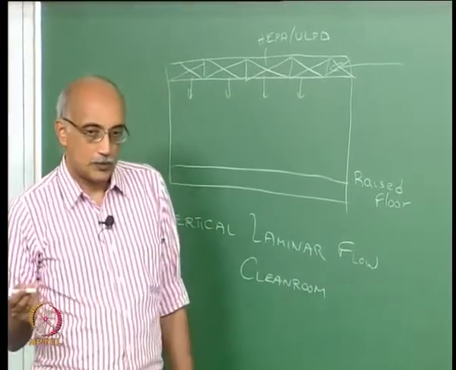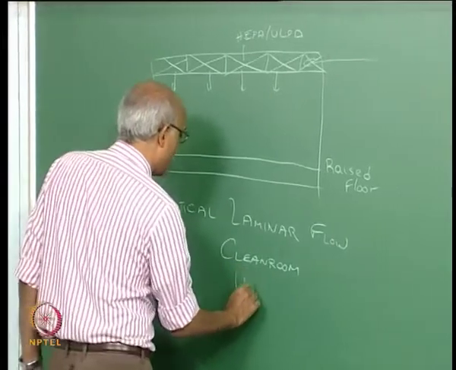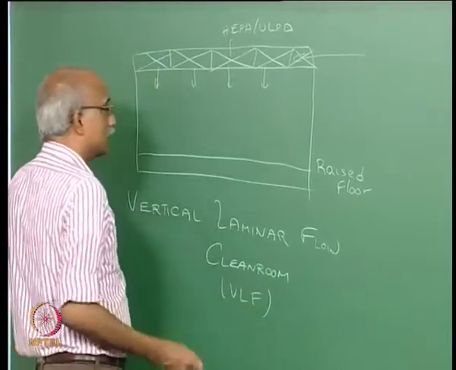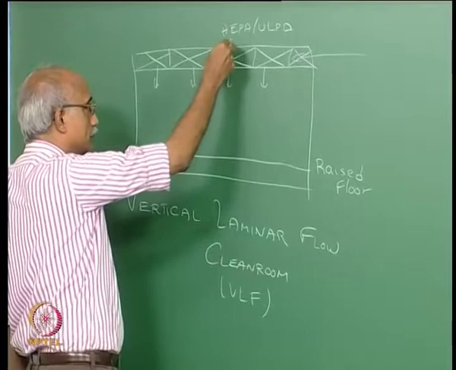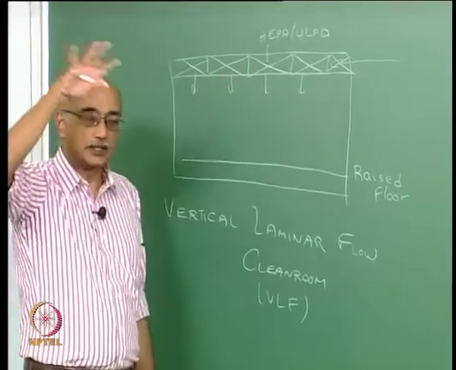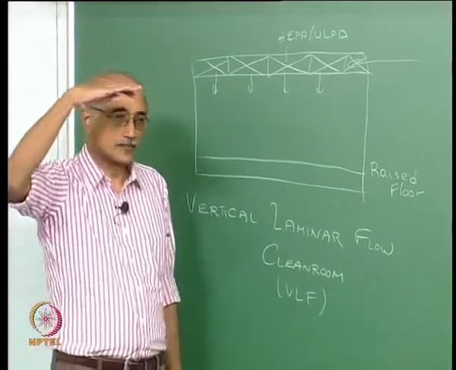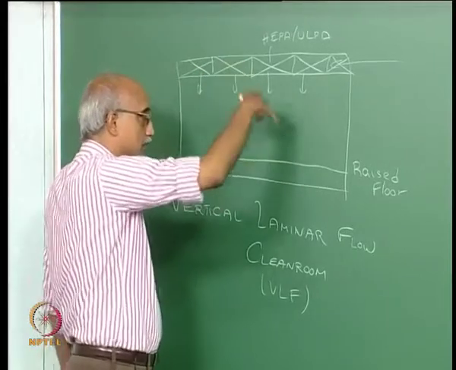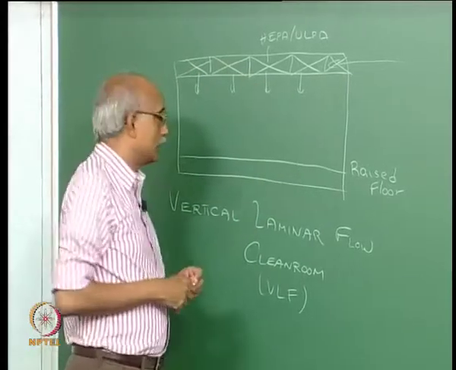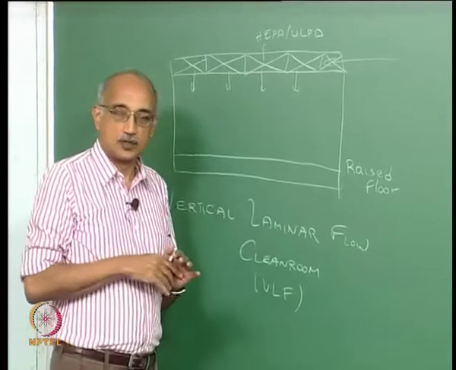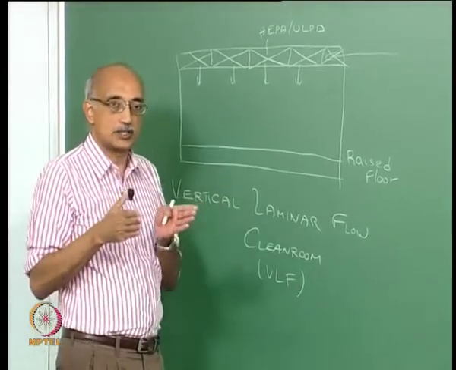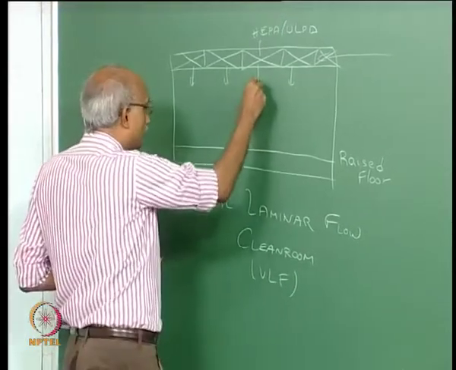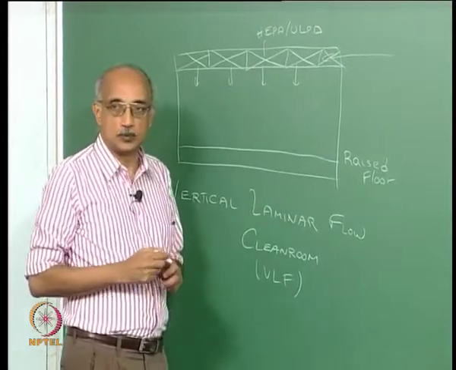In a vertical laminar flow clean room, it's also known as a VLF clean room, the air enters the room at the top through filters that are located on the ceiling. It is then directed into the room in a unidirectional manner. The airflow is controlled in such a way that all the velocity is vertically down.